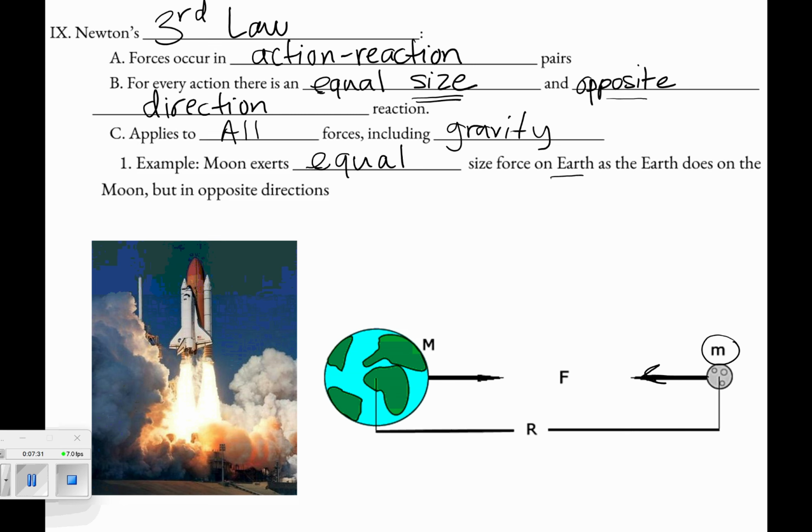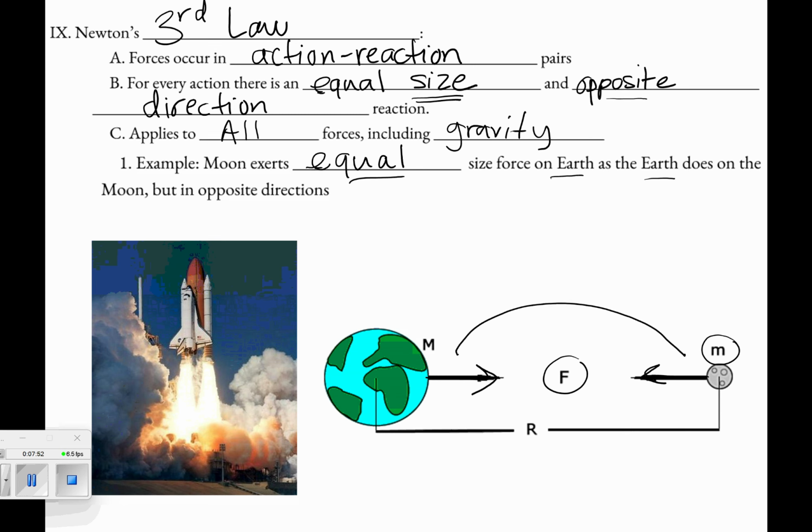That is equal to the force the Earth exerts on the moon. The Earth exerts a force on the moon. Those two are equal. You see, we just have one F here. So this is the same as that.